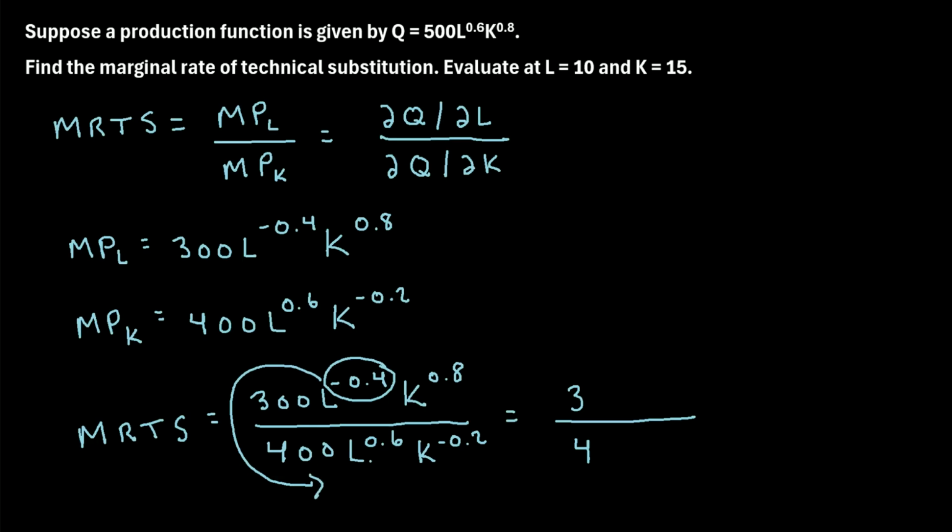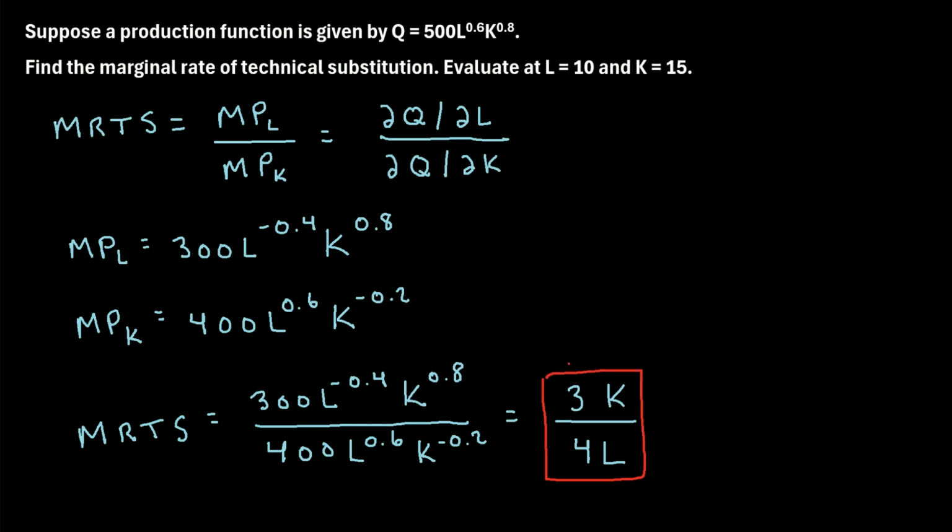So what we'll have in the denominator is L to the 0.6 times L to the 0.4, which is just L to the 1, or just L. And similarly, to make this negative exponent positive, we can move it to the numerator. So in the numerator, we'll have k to the 0.8 times k to the positive 0.2, which is just k to the 1. So our marginal rate of technical substitution comes out to 3k divided by 4L.